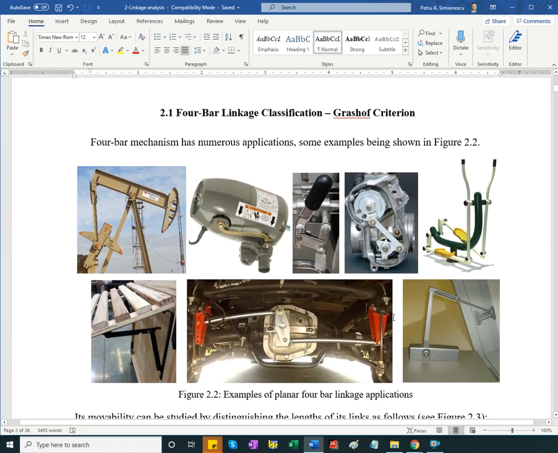Applications of the 4-bar. The first that we'll be discussing are many. You see here a few of them. This pump jack, it's a 4-bar, so ground joint, crank, coupler, and output link rocker.